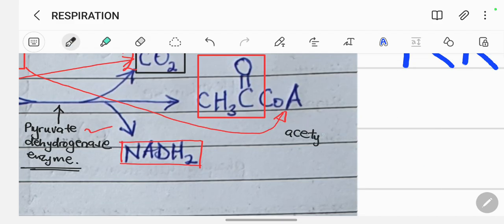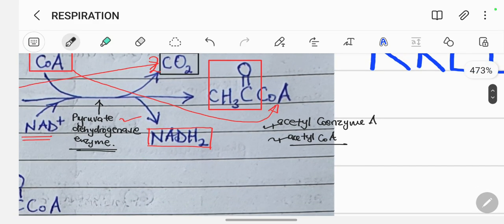So after forming our acetyl coenzyme A, let me write it here. Acetyl coenzyme A, or sometimes called acetyl CoA. All these ones are accepted.